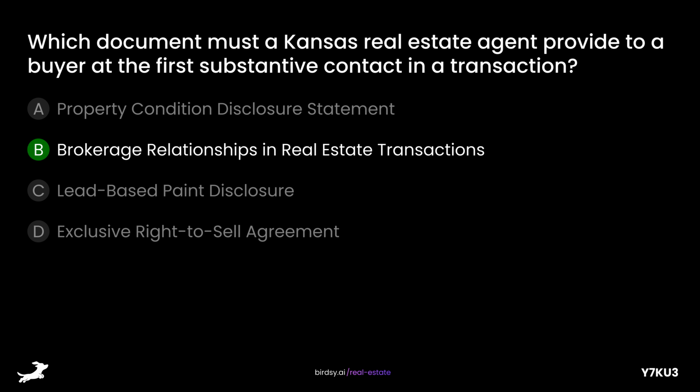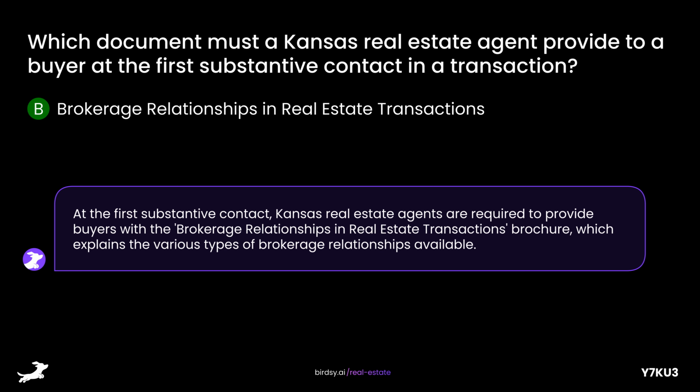The answer is B, brokerage relationships in real estate transactions. At the first substantive contact, Kansas real estate agents are required to provide buyers with the Brokerage Relationships in Real Estate Transactions brochure, which explains the various types of brokerage relationships available.